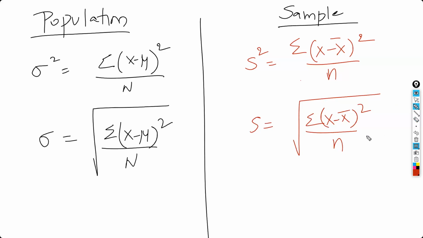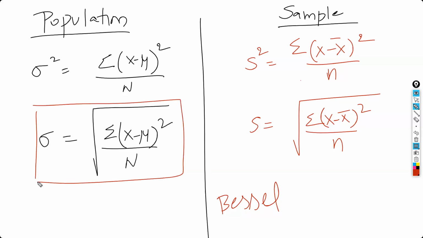One of the scientists, called Bessel, said that whatever population variance or population standard deviation you calculate is correct, and this is called the standard one. But for the sample, it is a wrong calculation, and he modified it to n minus 1.